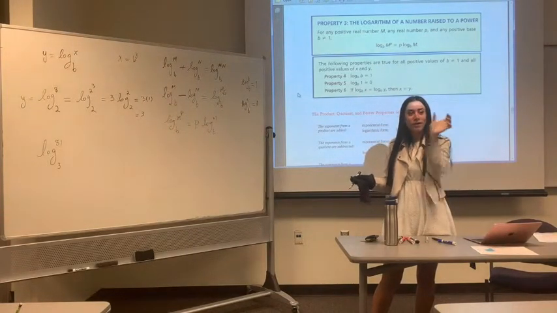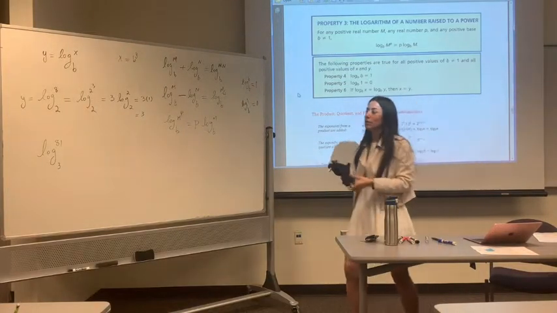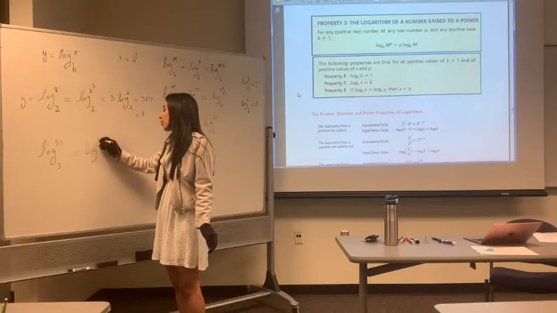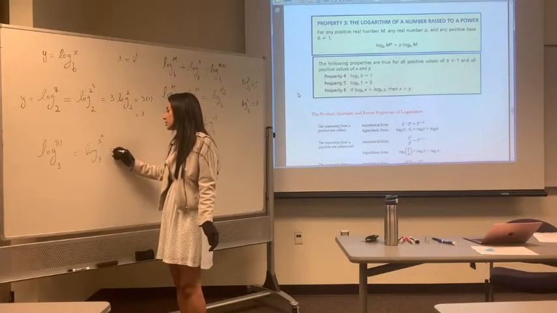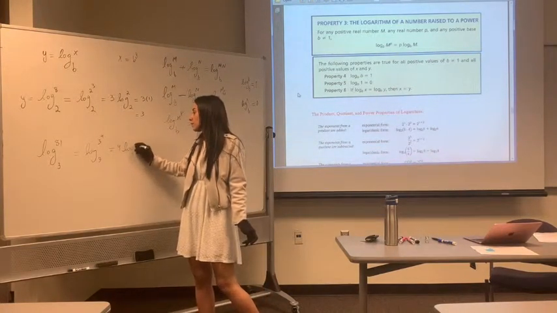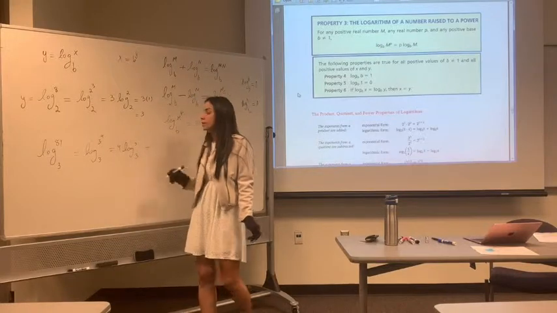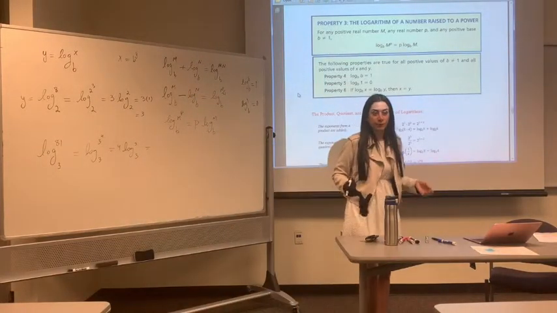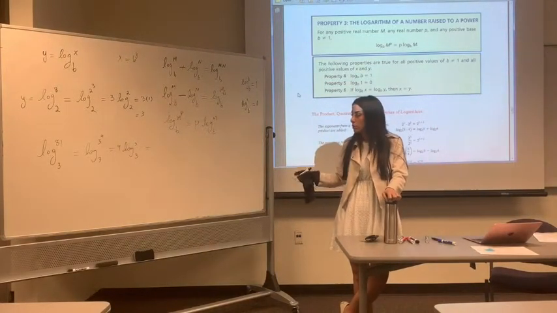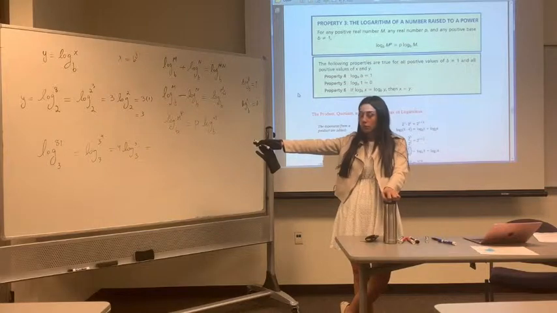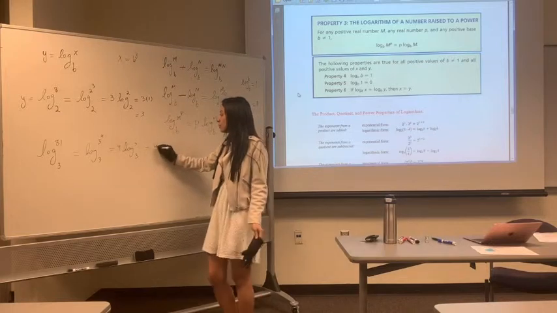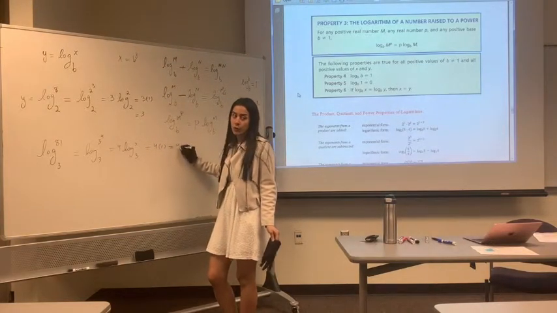You have 3 to the power 2 multiplied by 3 to the power 2, which is 3 to the power 4, correct? So you will have log of 3 to the power 4, base 3, which is equal to 4 multiplied by log of 3 base 3, which is 4 multiplied by 1, and 4 multiplied by 1 is 4.